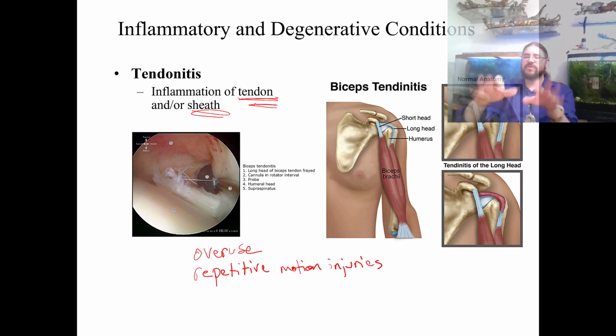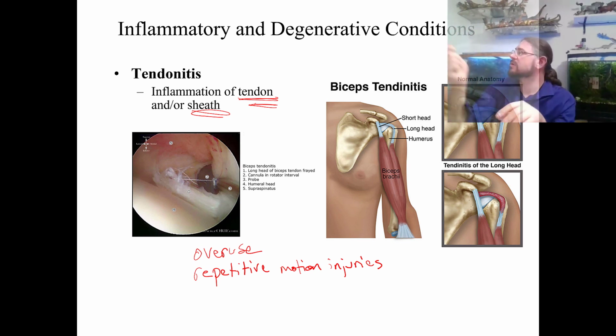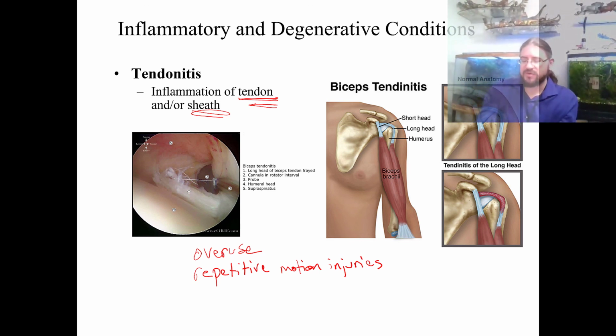Ah, it's what you get for using the computer too much or doing art too much. Okay, whatever. Carpal tunnel syndrome. Carpal tunnel syndrome is associated with tendon inflammation and the fact that that tendon will rub up against a portion of bone. So you have inflammation of a tendon and tendon sheath from repetitive motion injuries.